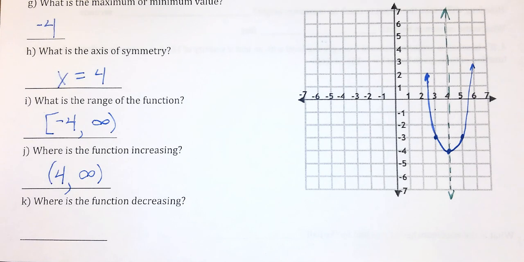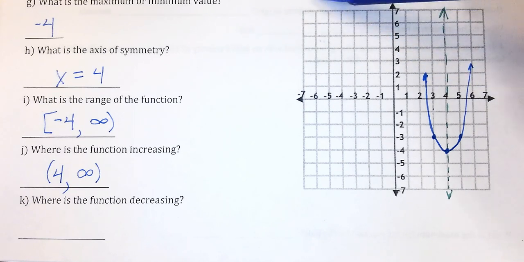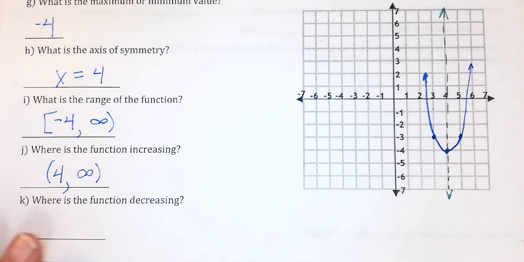Where's the function decreasing? So where's it going down? So it starts up here and it goes down to this point. So again, I need to think about this. This is not y value. So even though we're starting up here, I'm not looking for this to go positive infinity. What is happening with the x values? So the x values are going further and further left. If I was to continue with this graph, it would keep going to the left more and more.